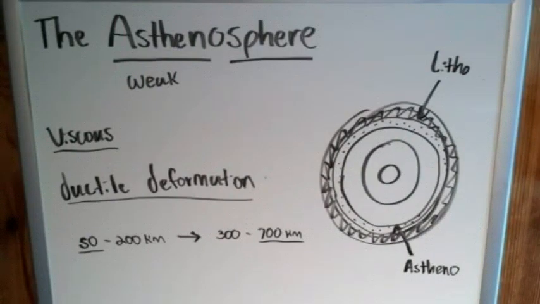However, we differentiate the asthenosphere from the rest of the mantle because it is important to plate tectonics. Specifically, this is where the convection currents go at the very top of it, and that's where they start moving off to the side in order to have horizontal movement and move our tectonic plates. It's not like the lithosphere where it's too rigid.